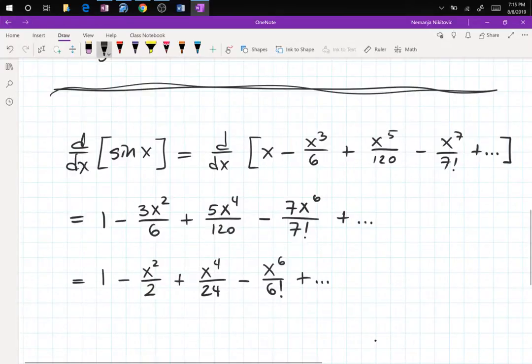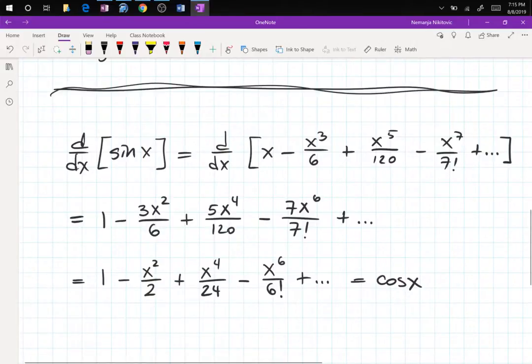Plus dot dot dot. What do we know when all of the powers are even, and we have alternation minus plus minus plus minus plus? Yeah, it's a cosine x. Cool, huh?